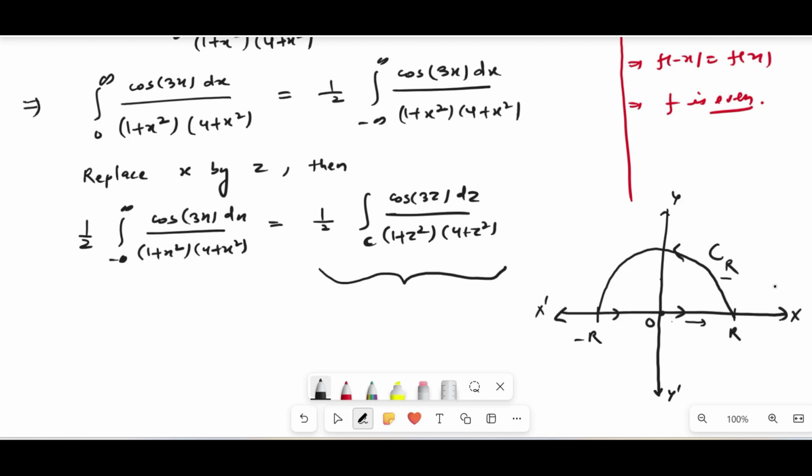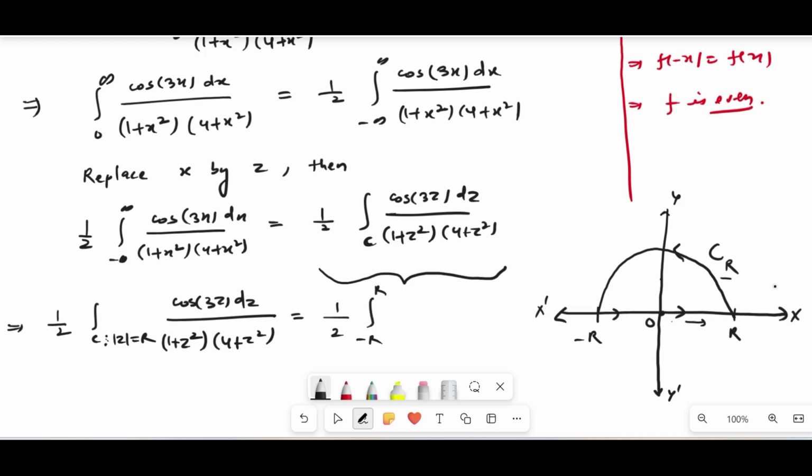So we can write from the given diagram, half of the integral over the curve C, that is mod of z is equal to r, of cos of 3z dz over (1 plus z square)(4 plus z square) is equal to the value of the integral, 1 by 2, from negative r to r of f of x dx plus half of the integral over the curve C having a radius r of f of z dz.